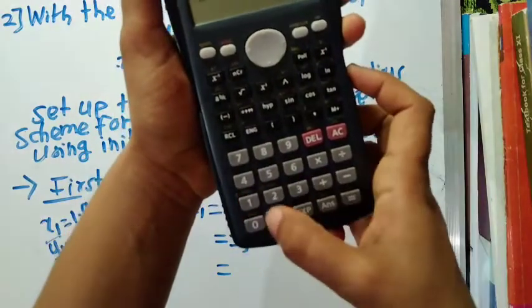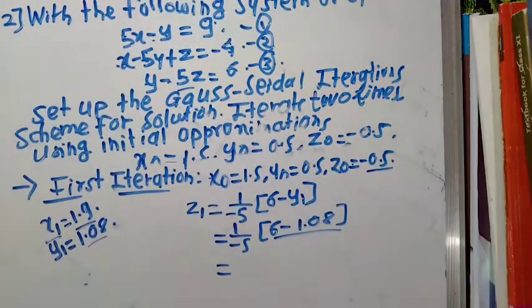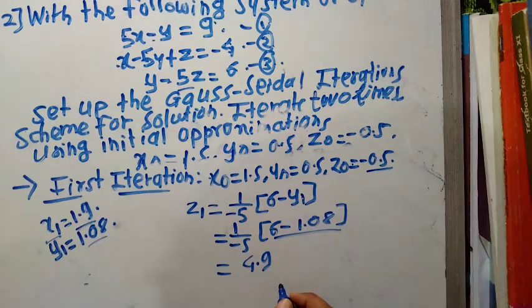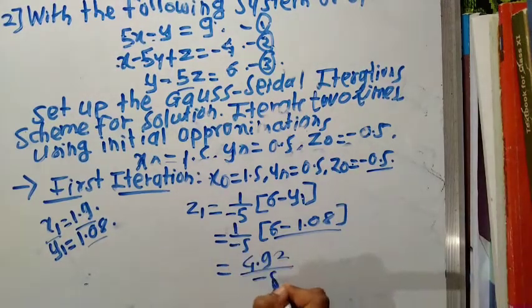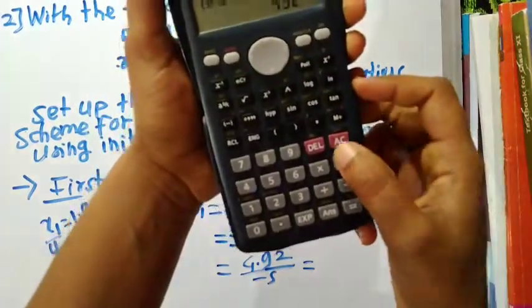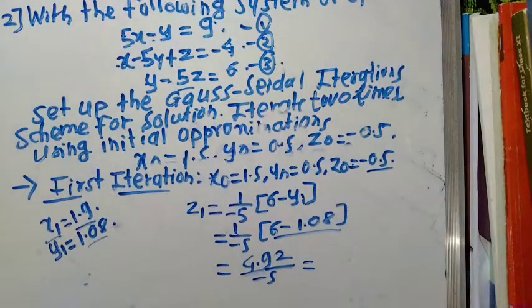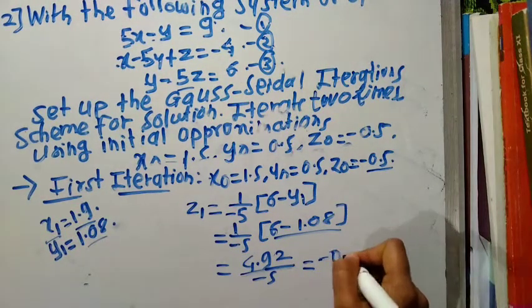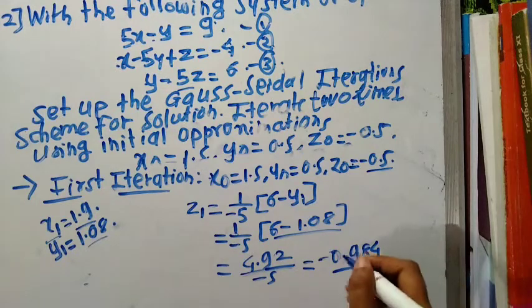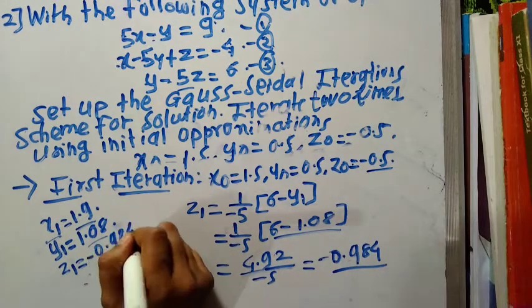So 6 minus 1.08 is equal to 4.92, divided by minus 5, which is equal to minus 0.984. So z1 is minus 0.984.